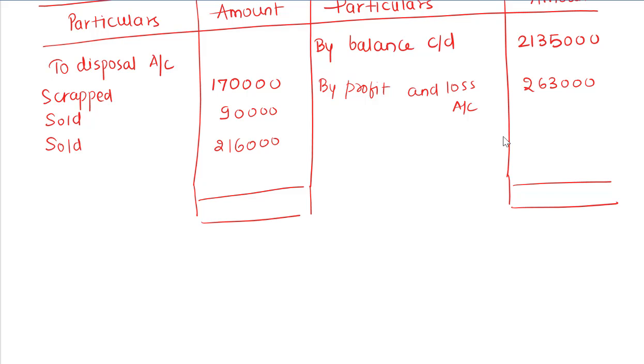Let us do the totals. 2 lakh 63,000 plus 21 lakh 35,000 is 23 lakh 98,000, minus 1 lakh 70,000 minus 90,000 minus 2 lakh 16,000 is 19 lakh 22,000.